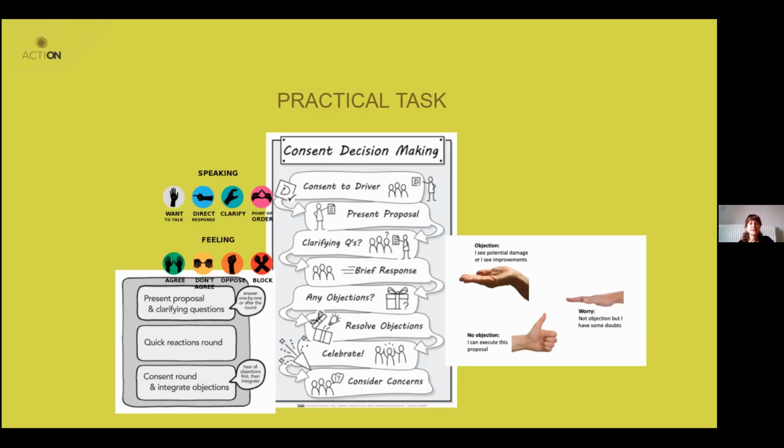Otherwise, when you're okay with something, you just give your thumbs up and you're happy with the proposal. With this, we can check the group dynamic, and we can decide if it's important to get feedback, even when in the group there's no objection and everybody has belly pain. You can decide on listening to some people, or you just continue.